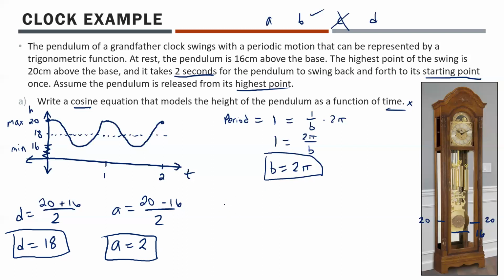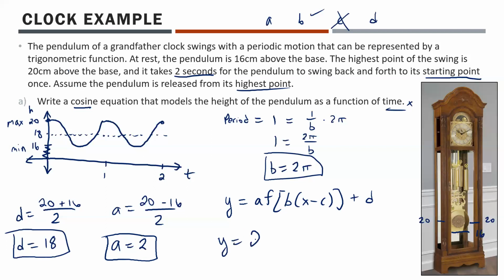Long story short, if we're going to write it as a cosine equation, remember the general form of this is y equals A f, square bracket, b x minus c, close bracket, plus D, where our function in this case is cosine. So you just throw in all the numbers we found.